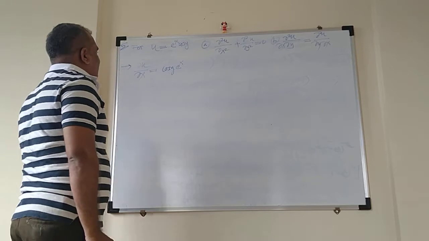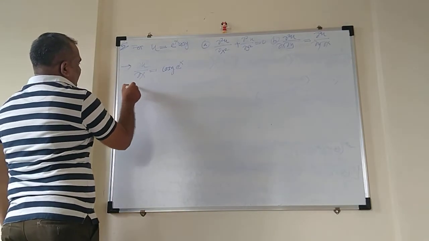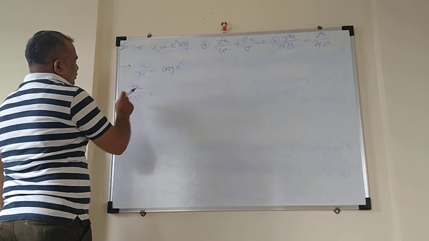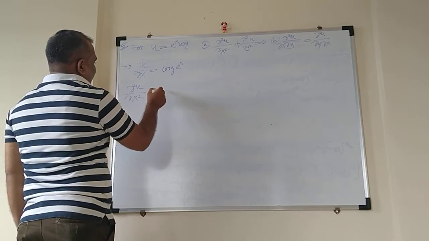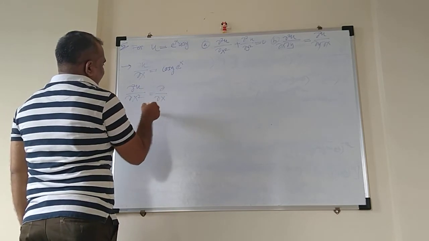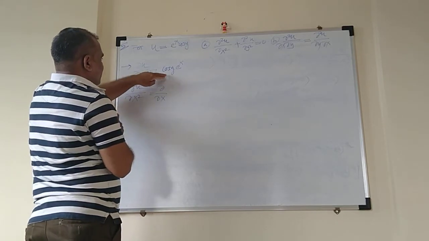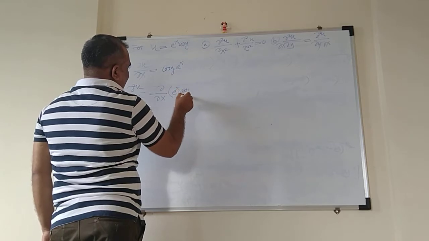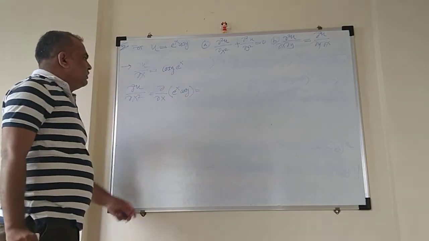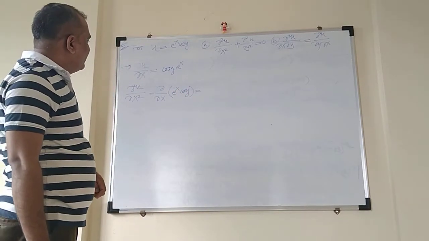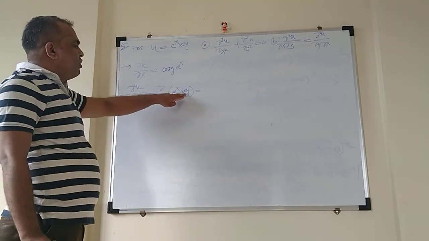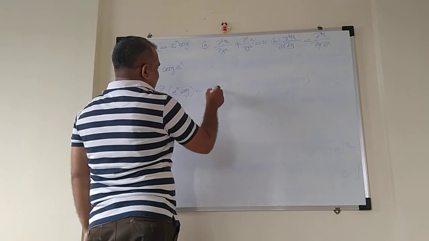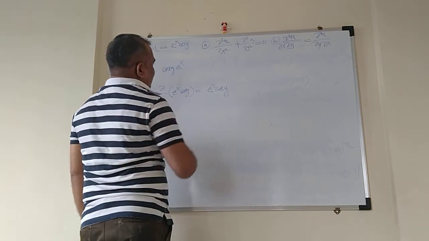So you get e raised to x cos y only, and the second order partial derivative with respect to x square, dou 2u by dou x square, is nothing but dou by dou x of dou u by dou x. Dou u by dou x is this, that means e raised to x cos y, the same function only. So this will be equal to again the same, because cos y is constant, e raised to x derivative is e raised to x into cos y.